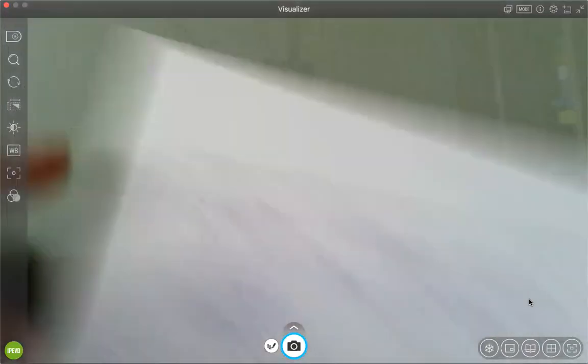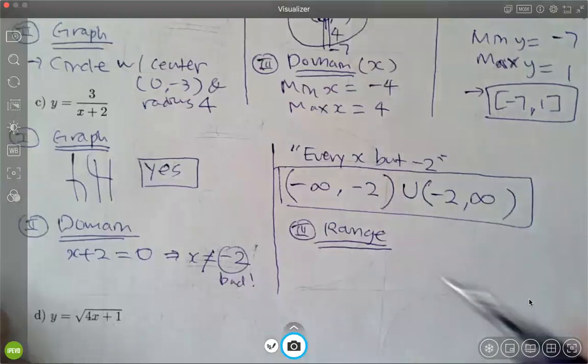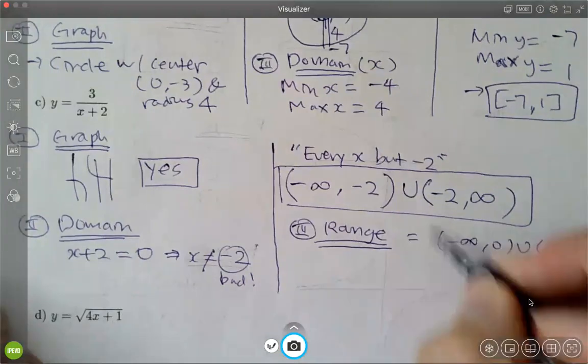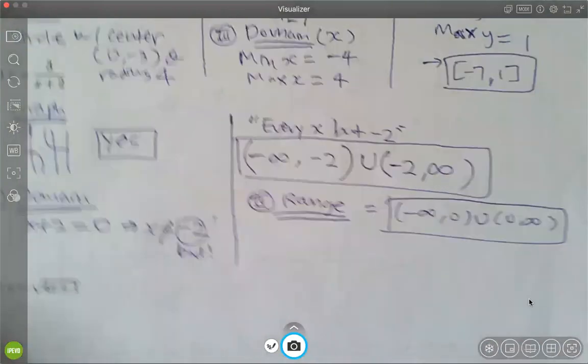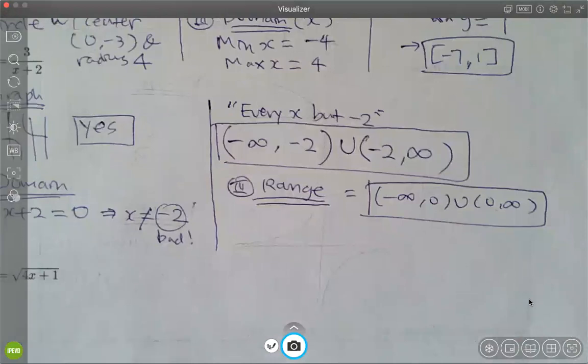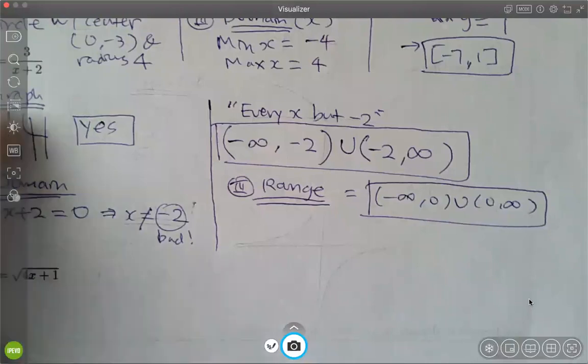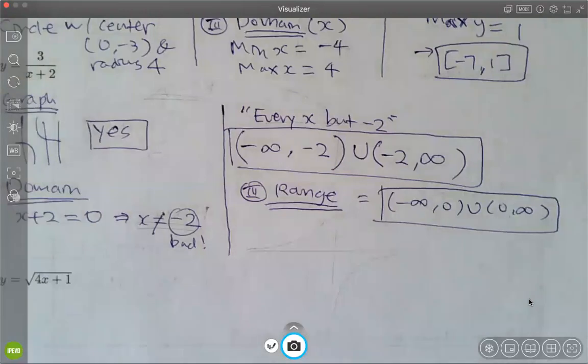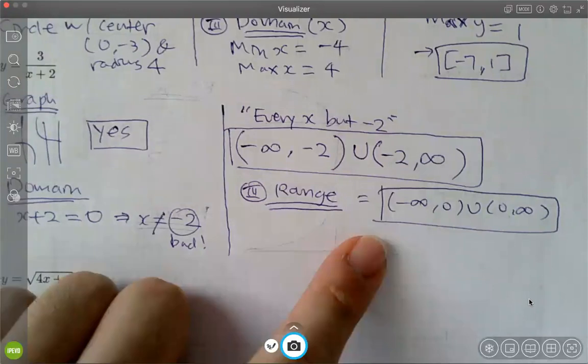So even though we don't have 1 at the top, it will be the same. Now, question: does that mean everything but 0 is the range for any rational function? The answer is no. This 3 here does not even affect the range. However, we maintain the basic shape only in this rational function, so that's why this is the range, but that's not the range for every rational function.